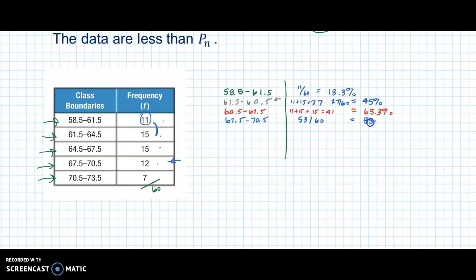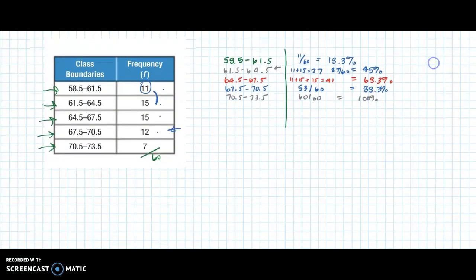So a person in that range of numbers is greater than 88.3% of the people in the study. And then the last one, when you add them all up, 70.5 to 73.5, you end up getting 60 out of 60. So that's your 100th percentile.